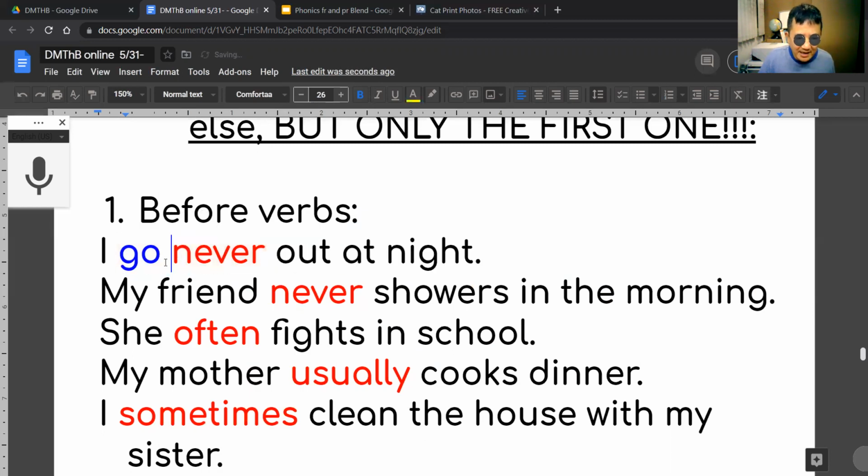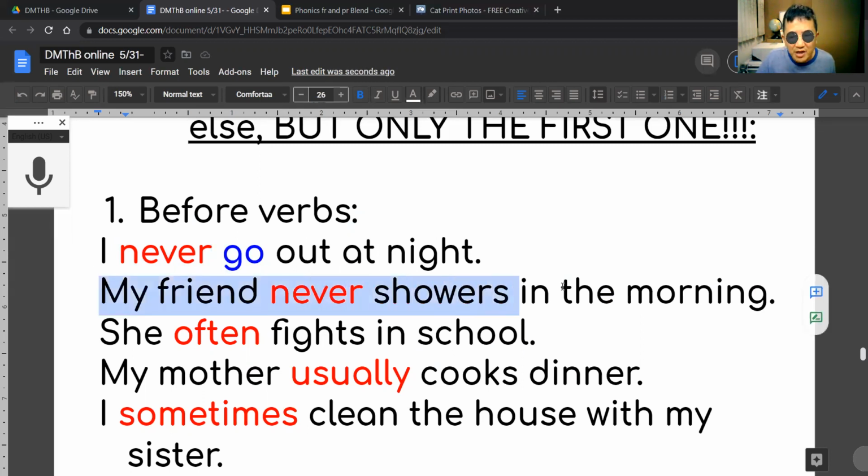That doesn't make sense, right? You put it before go. I never go out at night. So notice that's what the first rule says. That's all it says, okay? All right, so let's continue.